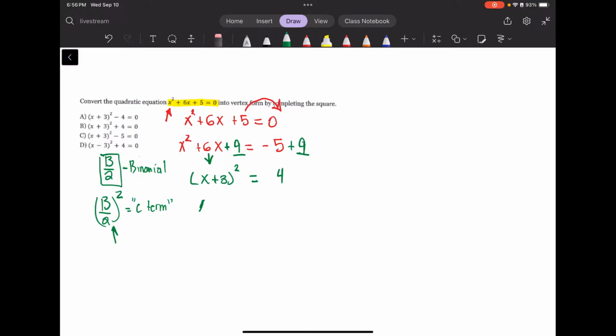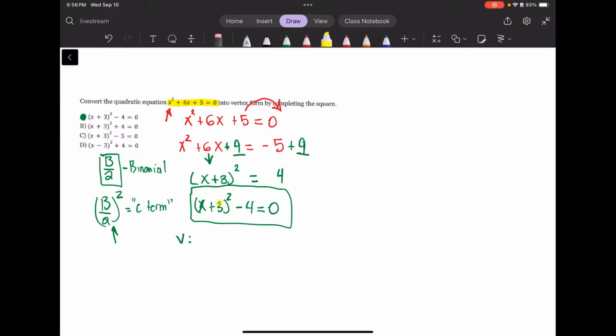So when we do x plus 3 squared, when we multiply that by itself and FOIL, that's what's going to give us the trinomial. So at this step, we're done. We have x plus 3 squared minus 4 is equal to 0. Now we've completed the square, and this is in vertex form. So our correct answer is going to be answer choice A.